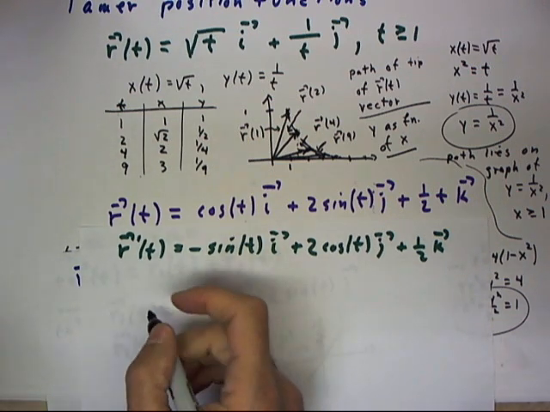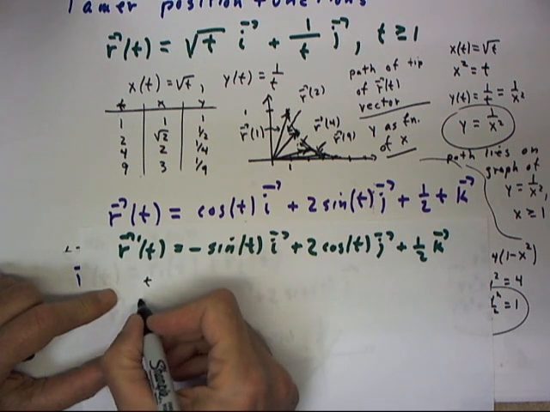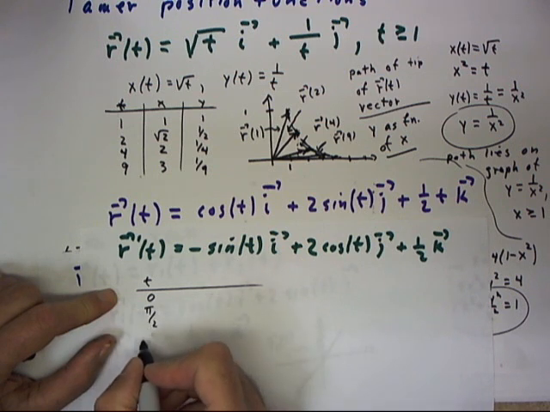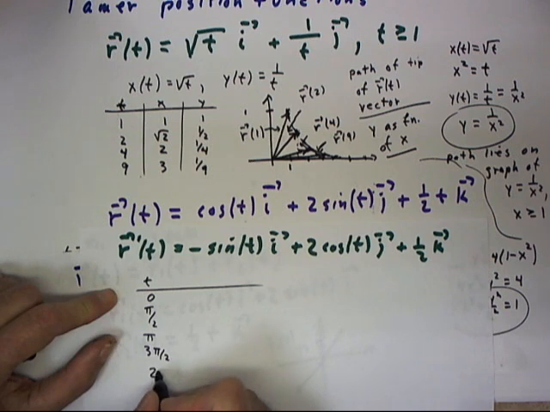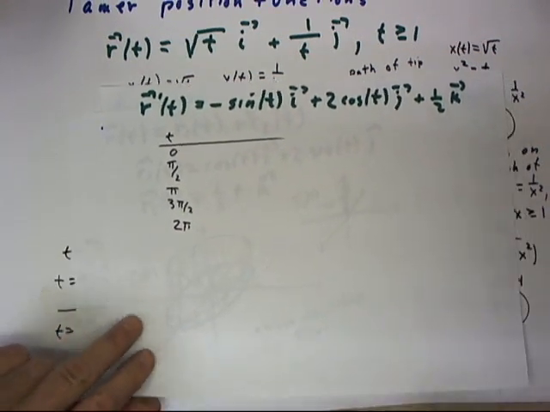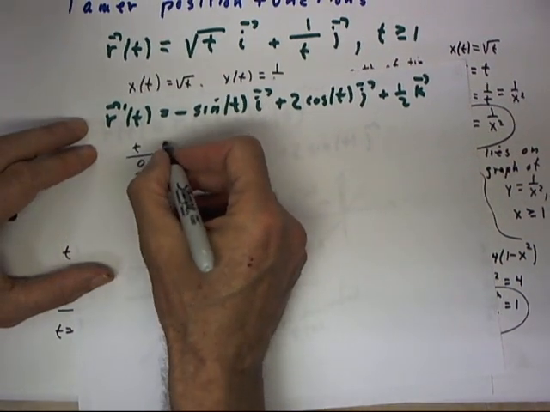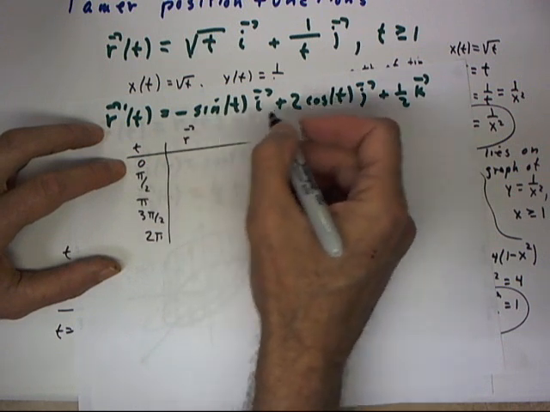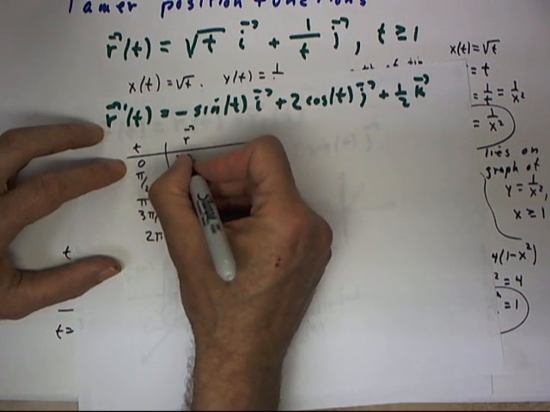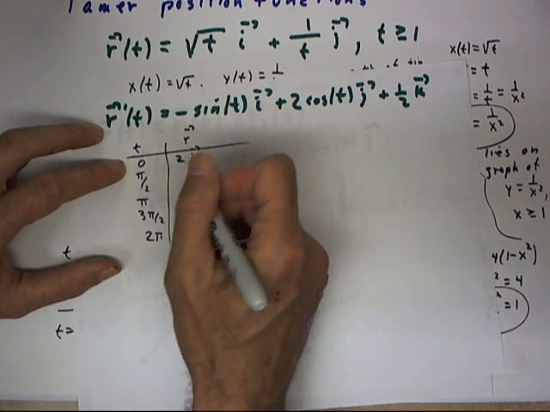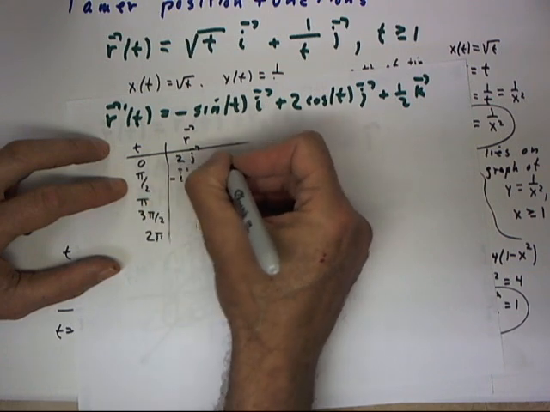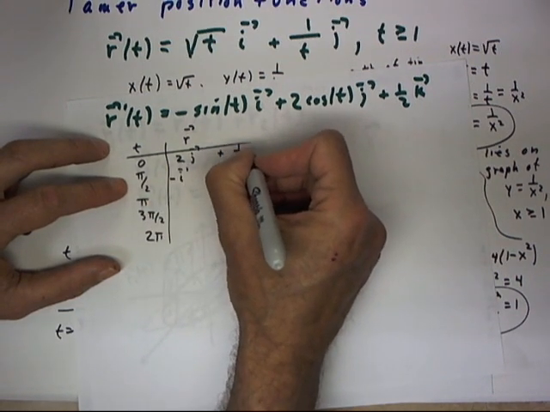Well, for example, at t equals 0, pi over 2, pi, 3 pi over 2, 2 pi. Let's get that up on the screen where we can see it. What's our r vector? R is going to be, well, t equals 0, the sine of t is 0. This is going to be then 2j. At pi over 2, we're going to have negative i, 2j plus 1/2 k up here.